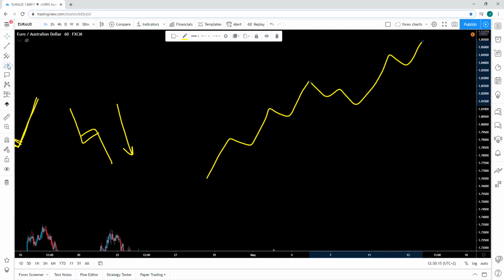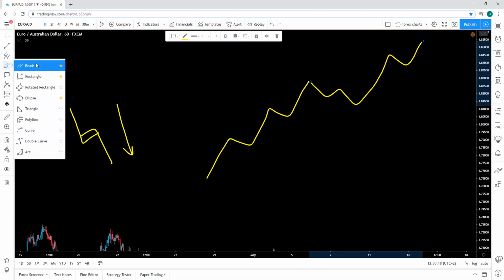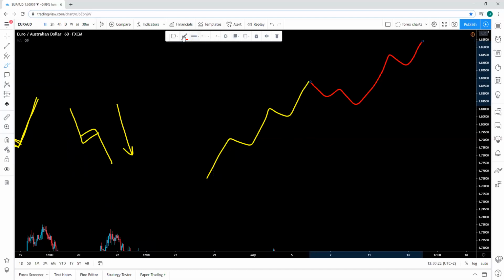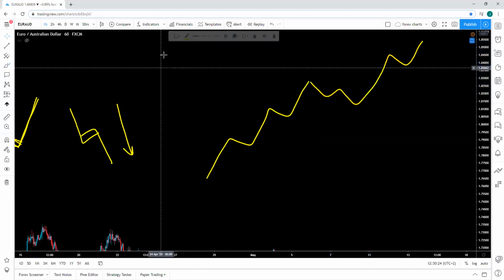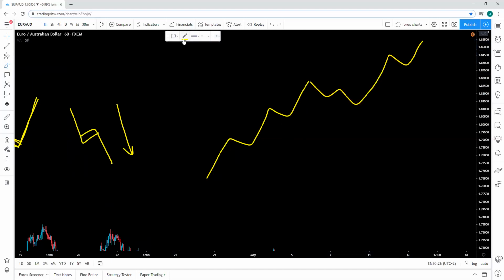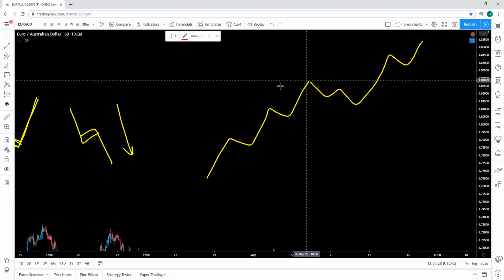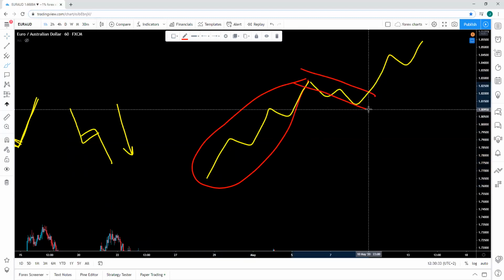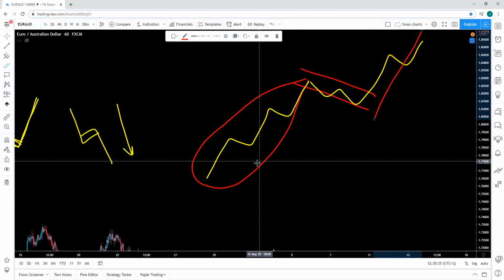So obviously the bigger moves are the 5-wave moves. This is a 5-wave move. Then the pullback is a 3-wave move, and then we get a 5-wave move again.